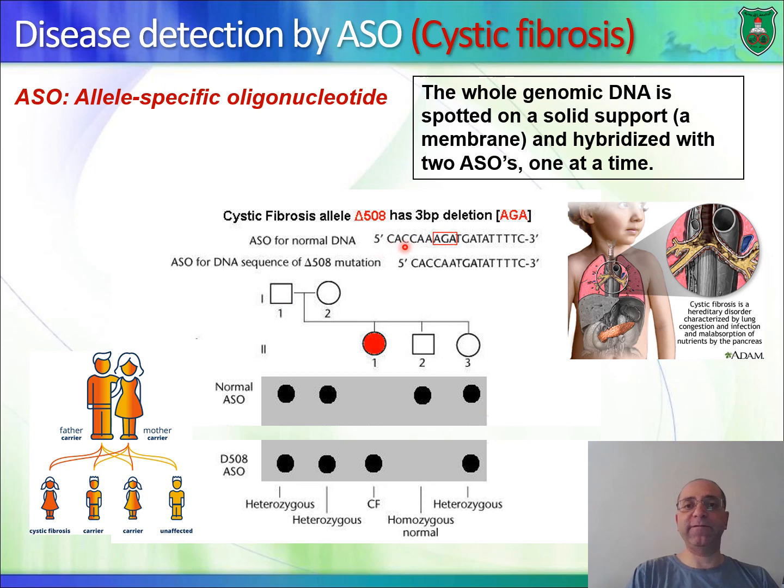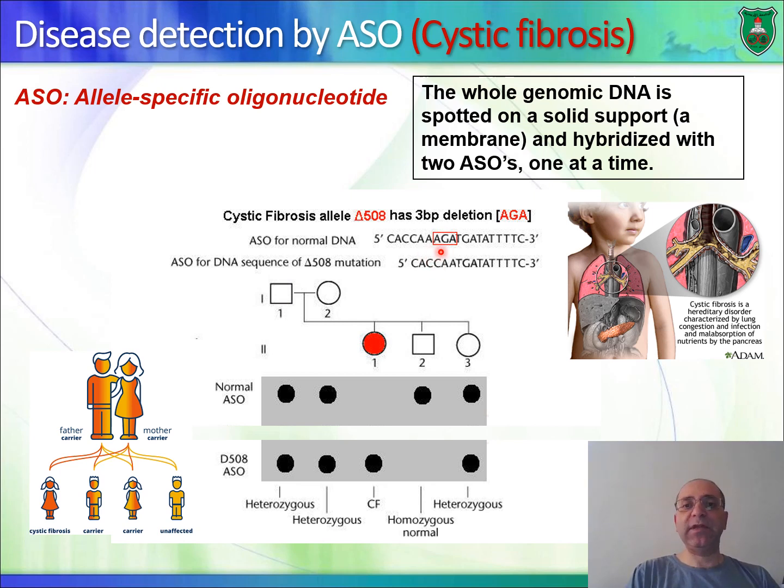Normally a person would have the following sequence within the gene. Of course, it extends left and right. It's a long sequence, but this is just a region of the gene where this mutation happens.